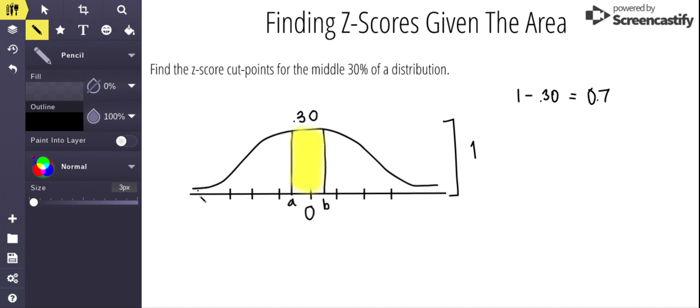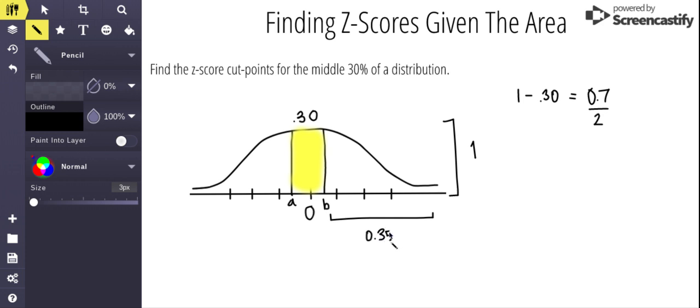And because we found that whole area, we need to know what the area is of each of these sides right here. We don't want that whole curve. We want to split it in two. So we want to divide 0.7 by 2, which is 0.35.